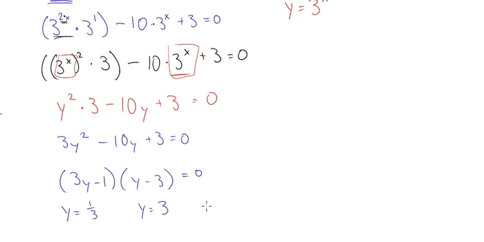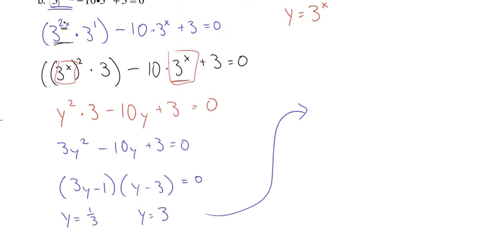Now, just like we did before, we're going to substitute y back in for what it was originally, which is 3 to the x. So we have 3 to the x power is equal to 1/3, and 3 to the x power is equal to 3. We just took these two equations with y, and we're replacing y back with 3 to the x power.